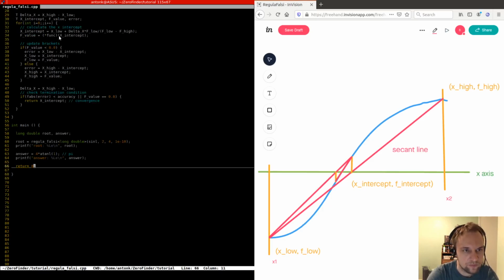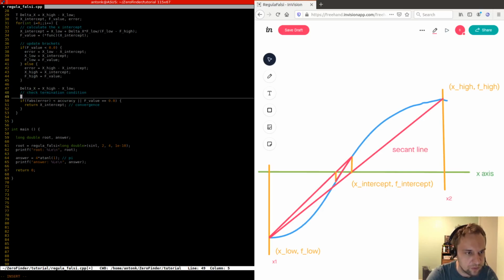So let's maybe print out some intermediate values. So let's say here we print out the intermediate values, and print out x-intercept.